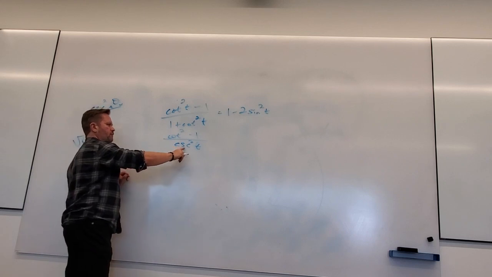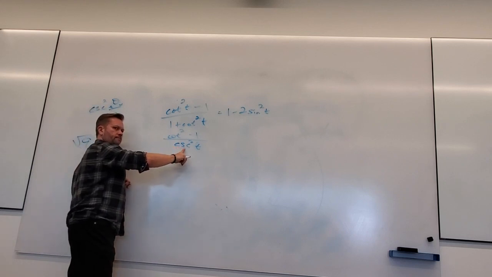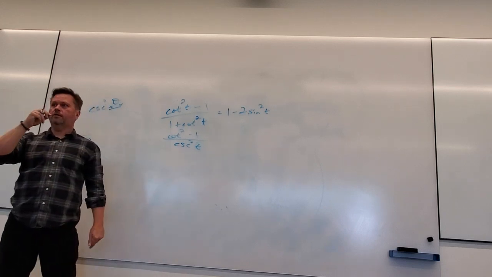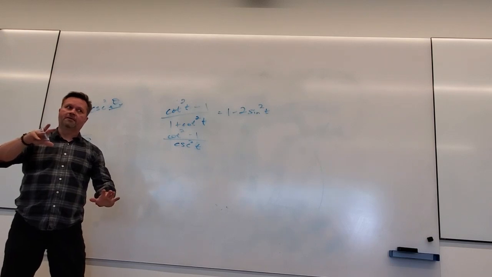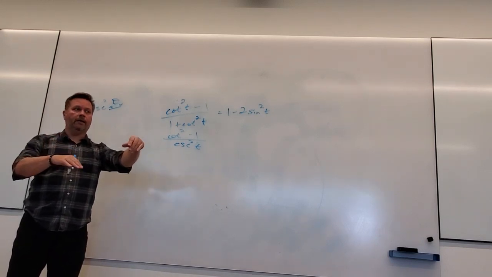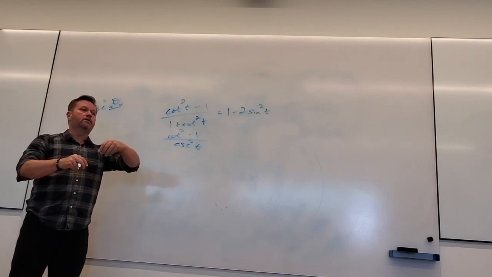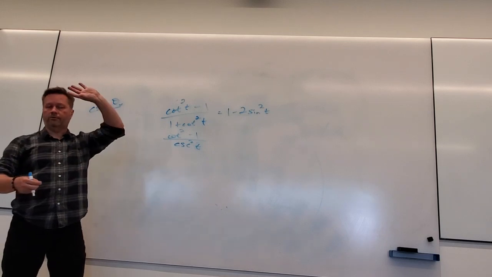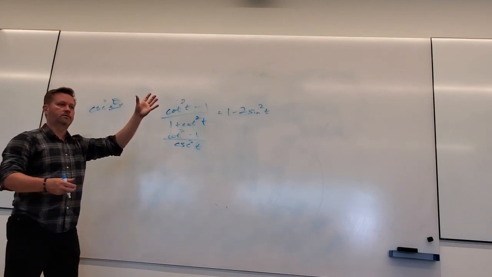Okay, what's the bottom? Cosecant. And what's one over cosecant related to? Sine. Okay, let me stop for a minute. Right here is a good example: I applied a Pythagorean identity, I'm not sure where to go from here. Whenever you find yourself not sure where to go, one thing you can always try is rewrite everything in terms of sine and cosine.